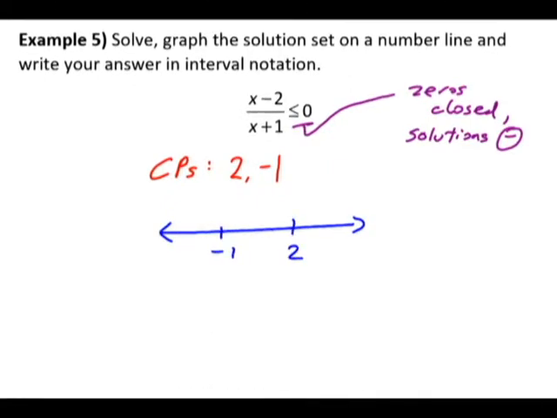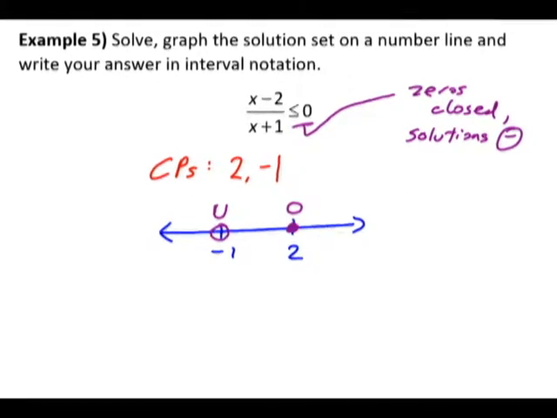And now, just to make sure that nothing slips through the cracks, we're going to label the zeros, or the 0 in this case, with a 0, and we're going to label any denominator factors that led to critical points with undefined. So the zeros are closed, and the undefined are always open.